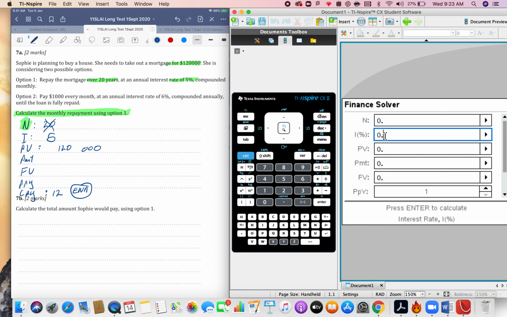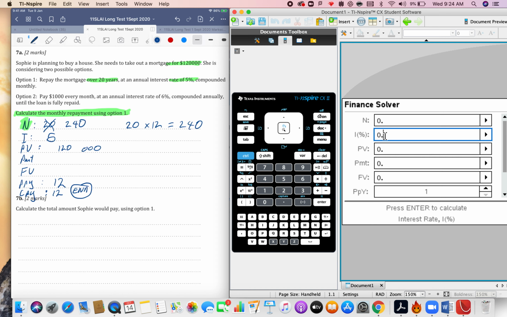And if it's compounded monthly and she wants the monthly repayments, then payments per year will also be 12. We've got 20 years times 12 payments per year. That's 240 payments, so this is 240.